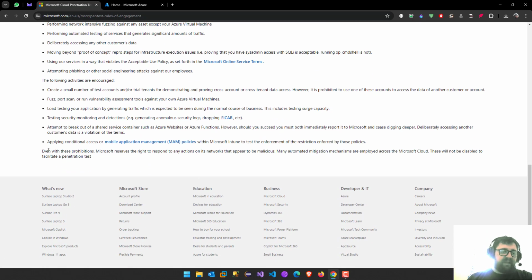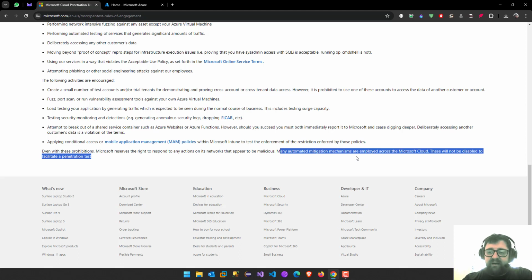And then here, even with these prohibitions, Microsoft reserves the right to respond to any actions on its network that appear to be malicious. Many automated mitigation mechanisms are employed across the Microsoft Cloud. These should not be disabled to facilitate a penetration test.